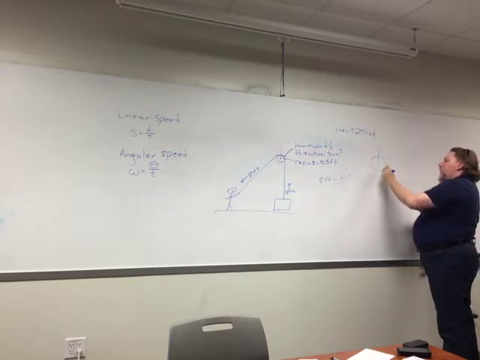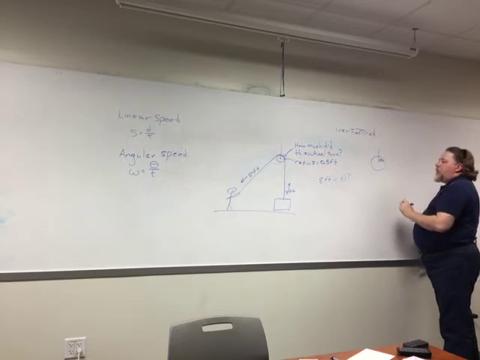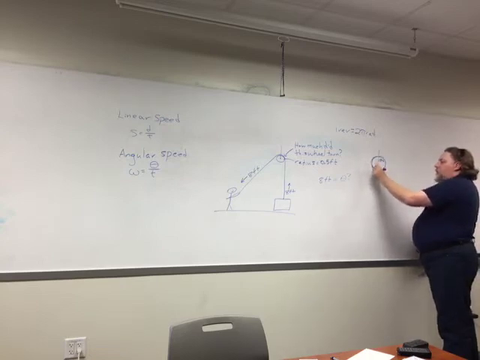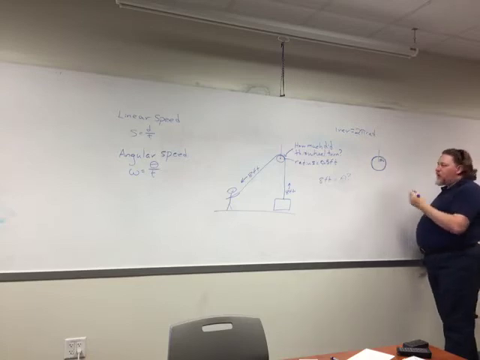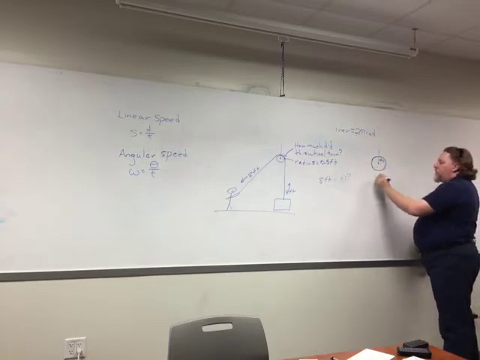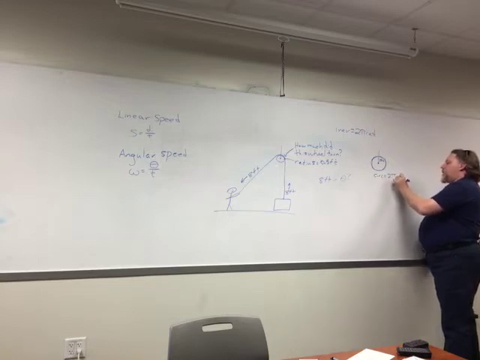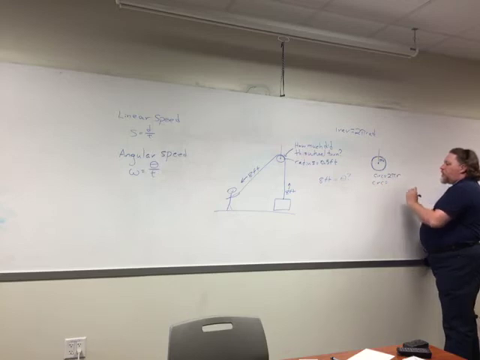Here's our wheel, and its radius is 0.5 feet. And the distance all the way around it, well, that's the circumference. And I know from geometry that circumference is 2 times pi times the radius. So the circumference in this case is 2 times pi times 1/2.